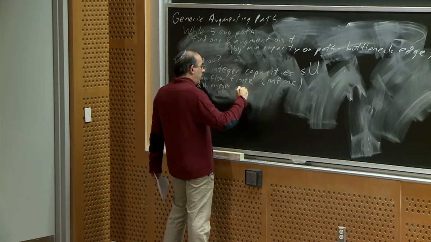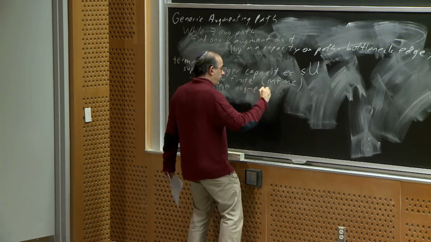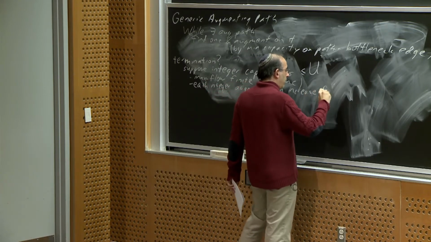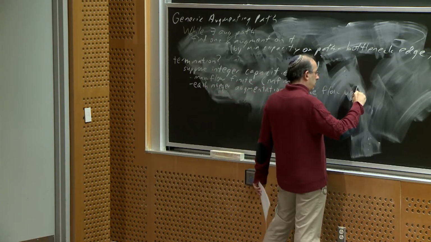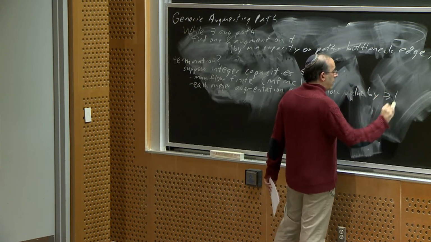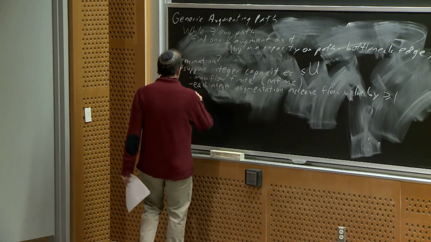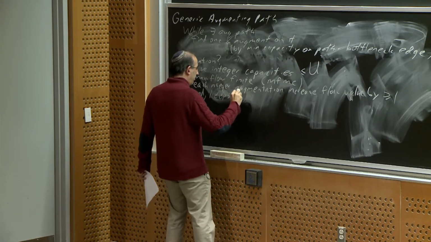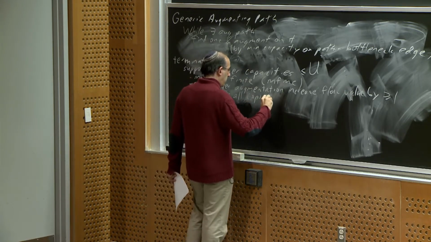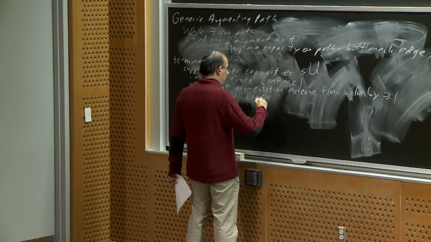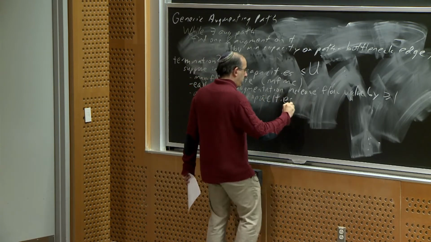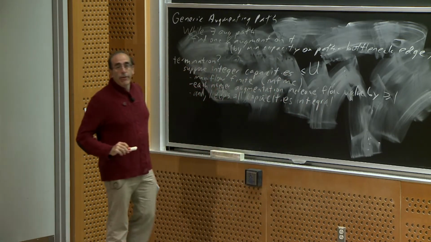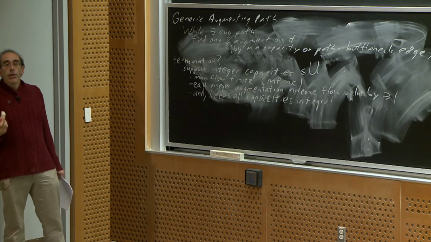So each integer augmentation increases the flow value by an integer, so at least one, and keeps all capacities integral. Which means that we can iterate this argument, right?